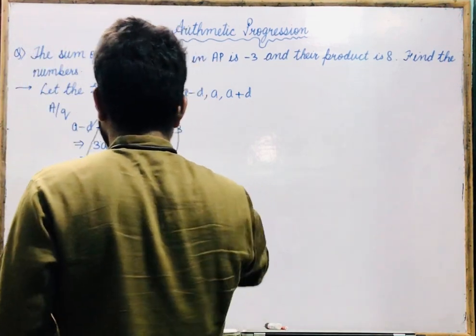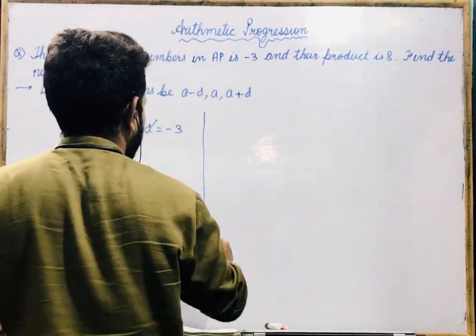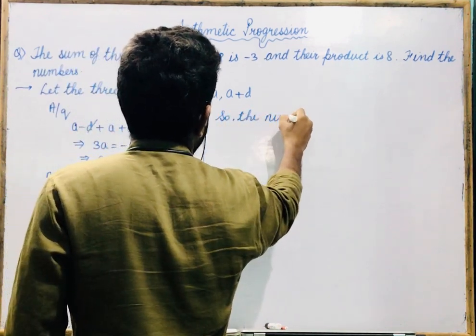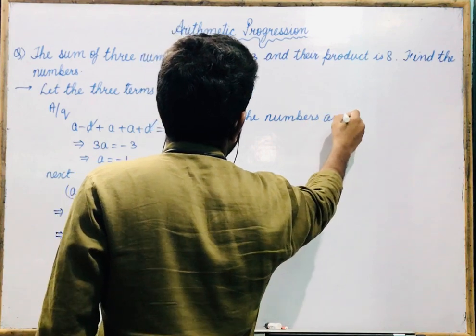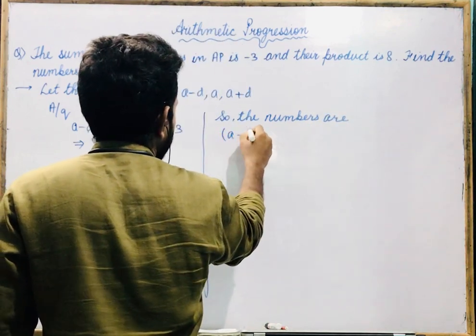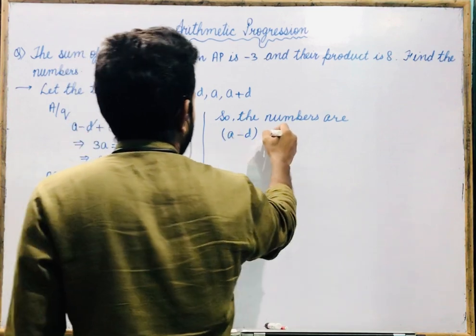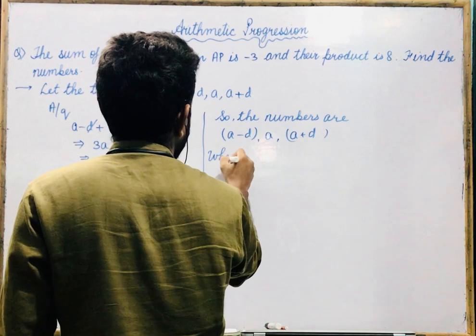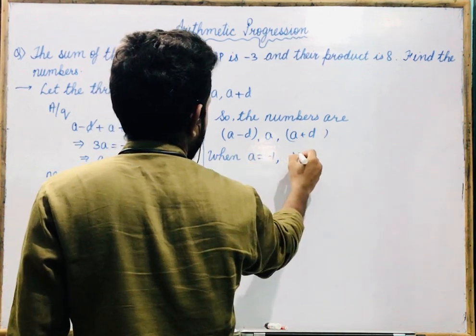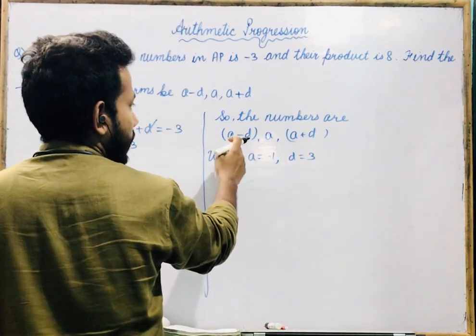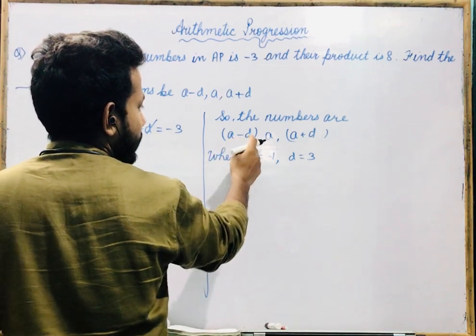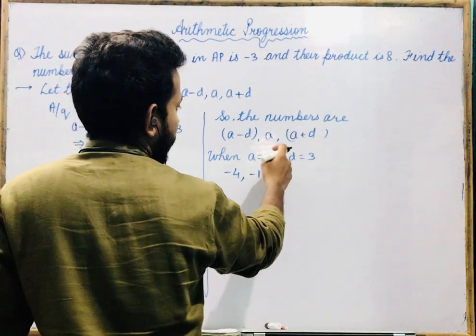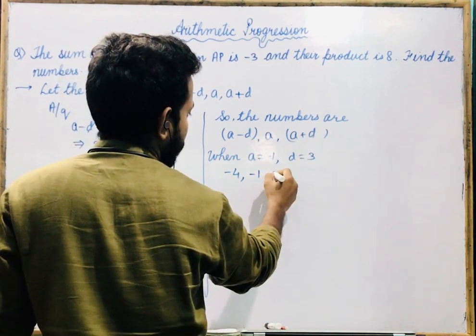Now you have got the value of A, you have got the value of D. So the numbers are A minus D, A and A plus D. When A equals -1 and D equals 3, the numbers are -4, -1, and -1 plus 3, that is 2.